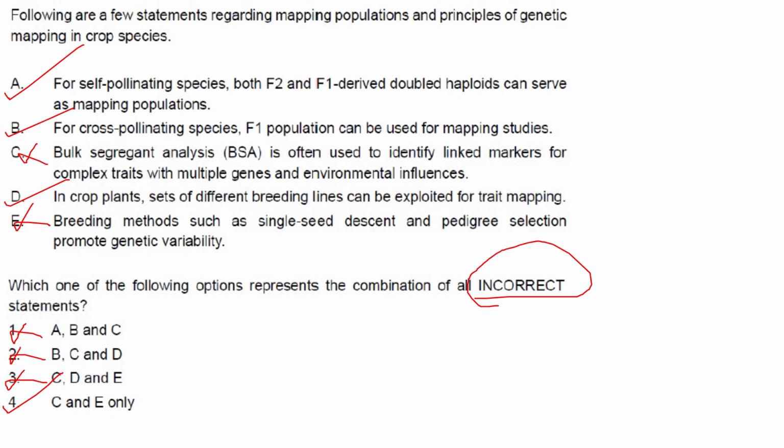If you want genetic variability, then you have to go for the heterozygous condition, but you won't get heterozygosity in single seed descent and pedigree selection. They go for the homozygous one. So genetic variability will not be seen much in single seed descent and pedigree selection. So E is also a wrong statement. So your answer is C and E only.